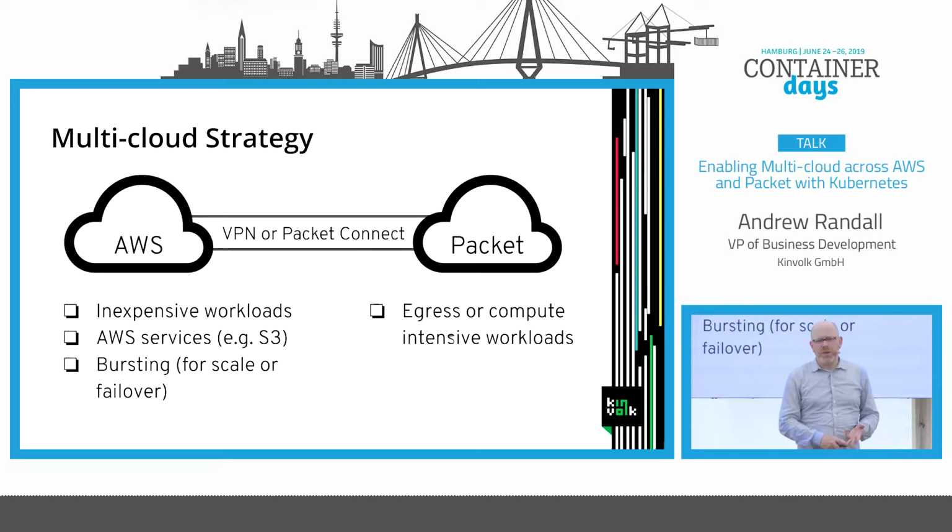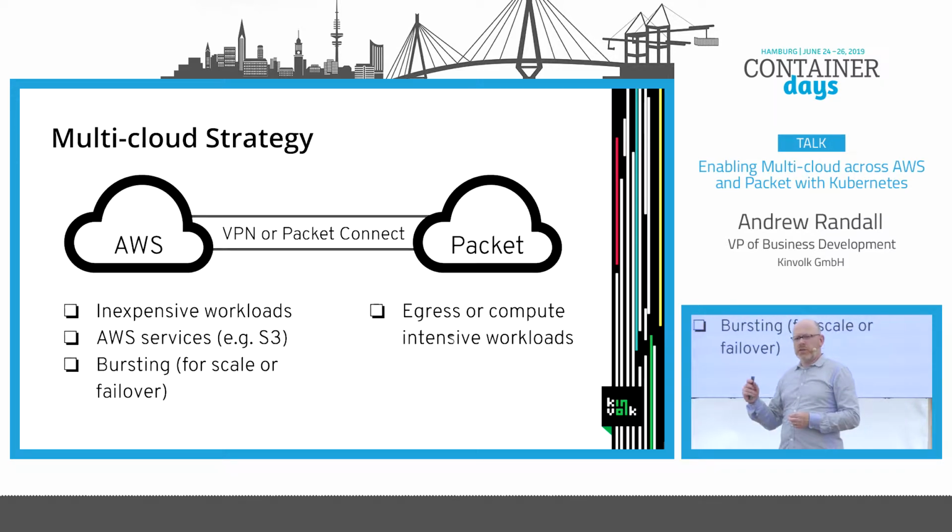And there might be some workloads for which it's completely cost-effective to keep them there. And also, from a perspective of reliability, if you're running across multiple clouds, if you are implementing a failover mode or a load balancing across those clouds, it gives you a level of resilience for either scale or failover that is an advantage. If you're going to build this, you might as well use that. But the objective here was to identify those specific workloads which had very high egress costs or very high compute costs, and move those specifically into the Packet cloud environment.